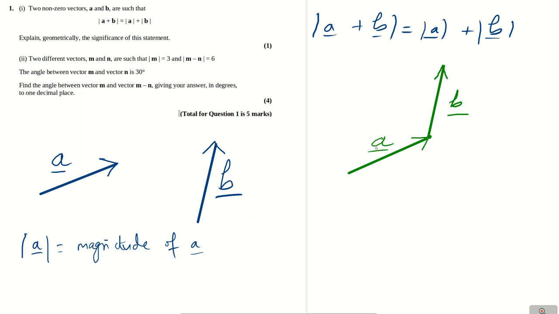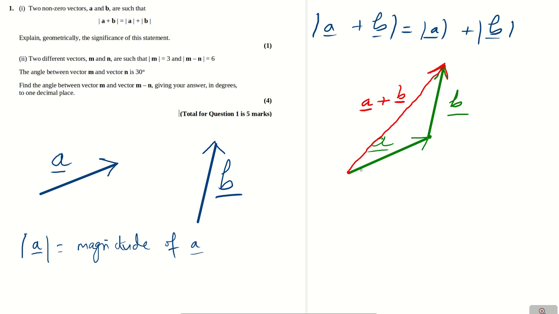Now, the vector A plus B is the combined result of doing vector A followed by vector B. So the vector A plus B we can represent by another line starting where A starts and going up to where B finishes. And that vector there is the vector A plus B. Now, in general, the magnitude of this line here, the magnitude of A plus B, you can see is going to be less than the separate magnitudes of A and B added together.